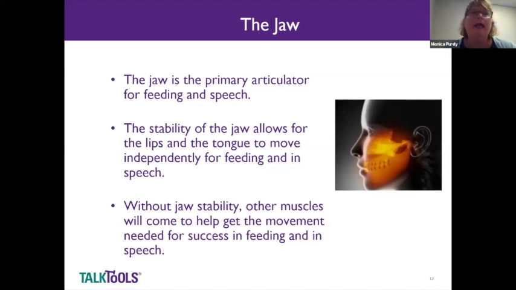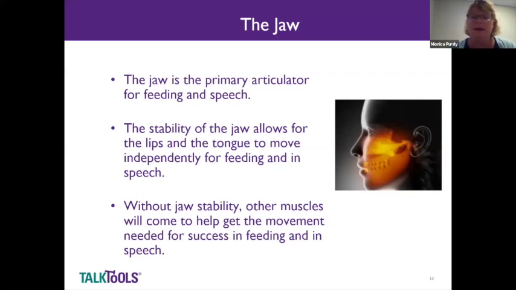If I'm wanting to make an ooh sound and my lips cannot move independently because I don't have stability in my jaw, then I might see lip retraction, okay, because they're trying to stabilize with their jaw in order to make a sound or drink from a straw.